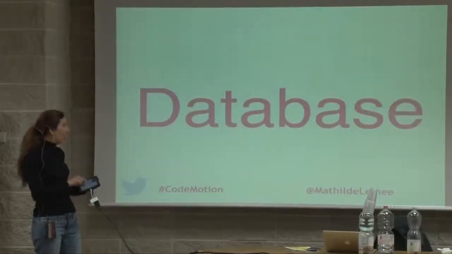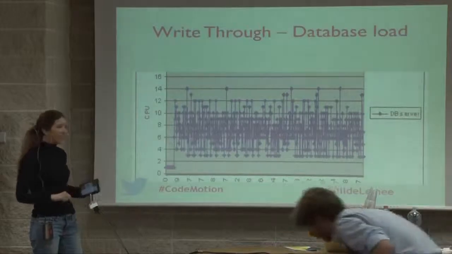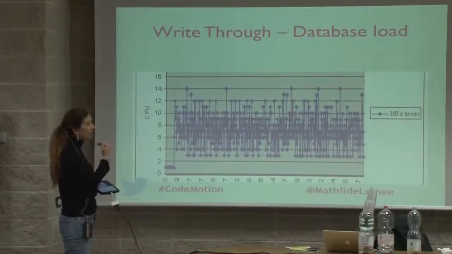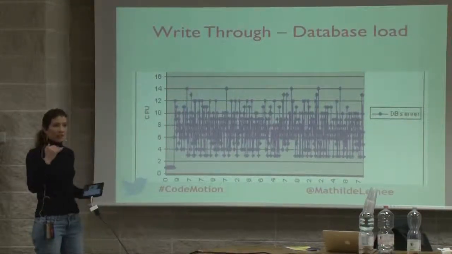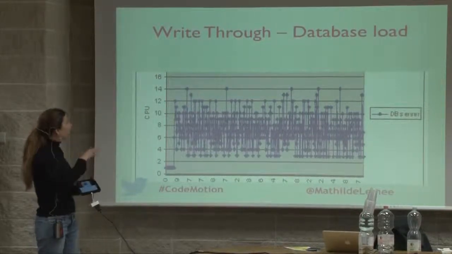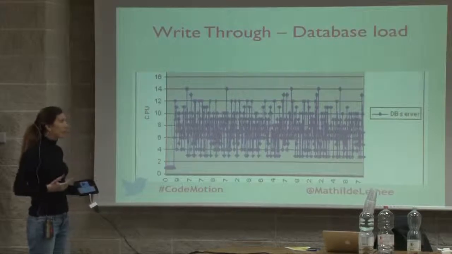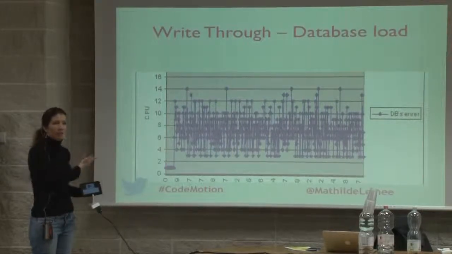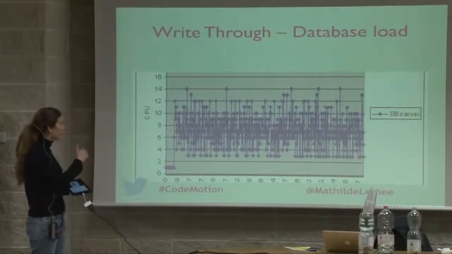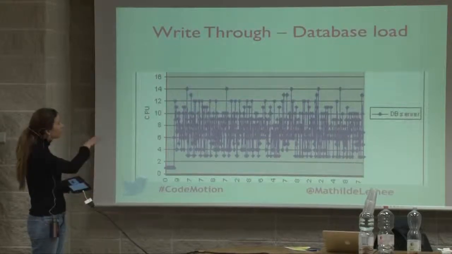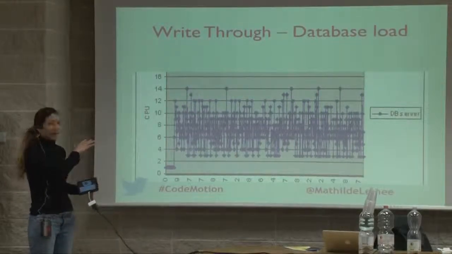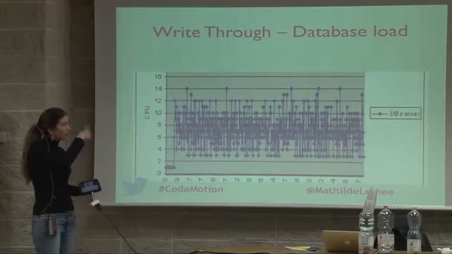Let's see the database. Okay, that's the database load. You see with write-through, every time you do an update, you send a request to the database. So normally the CPU load, this is an example, if you do a bench you will be able to see other metrics, but that doesn't matter here. We can assume that it's around a 7% CPU load, and with peaks.